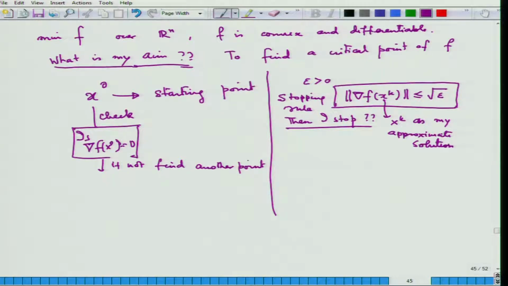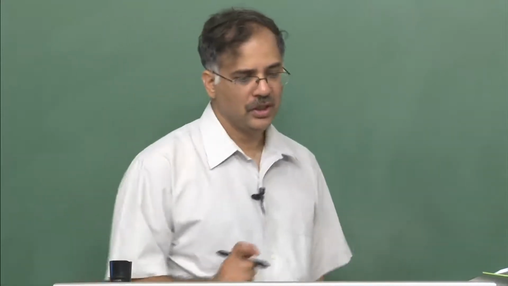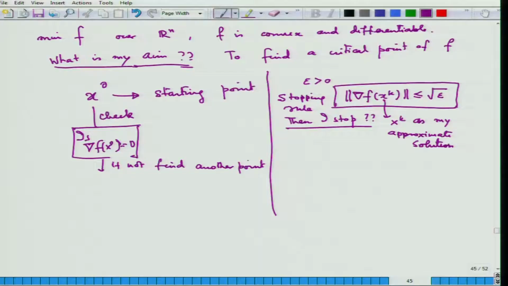So, we are basically setting up a threshold barrier, and if something goes beyond that threshold, we stop the algorithm. This is how algorithms are done, because you cannot keep on finding another point x 1 for which you check the gradient of f, and if it is not 0, check again.